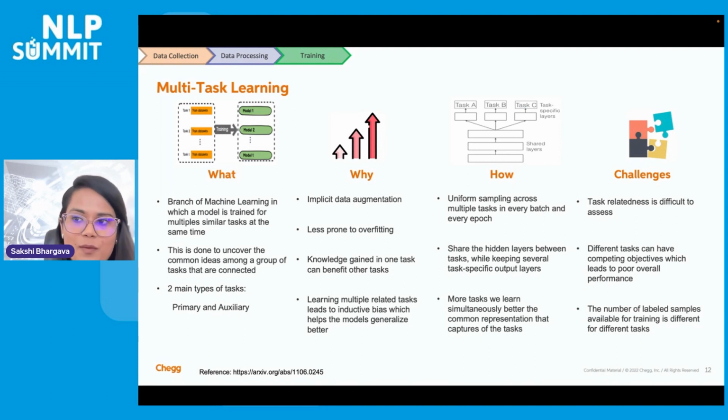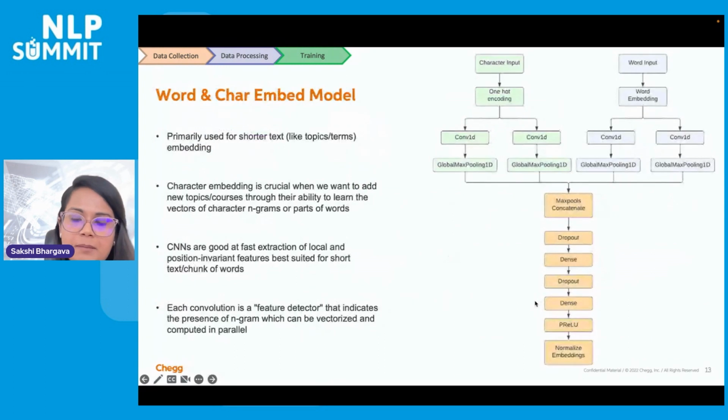So what we don't want is to hamper our primary task by the limit in the data available for any other tasks. So for our use case, we specifically chose, for auxiliary tasks, unlabeled data or data with implicit labels so that there are no size restrictions. So that is all about multitask learning.